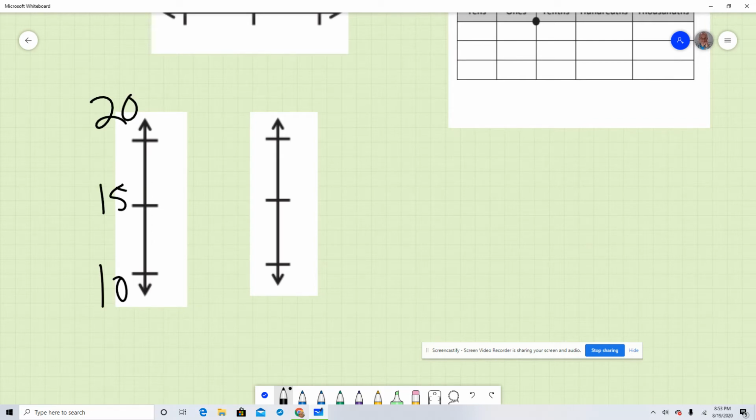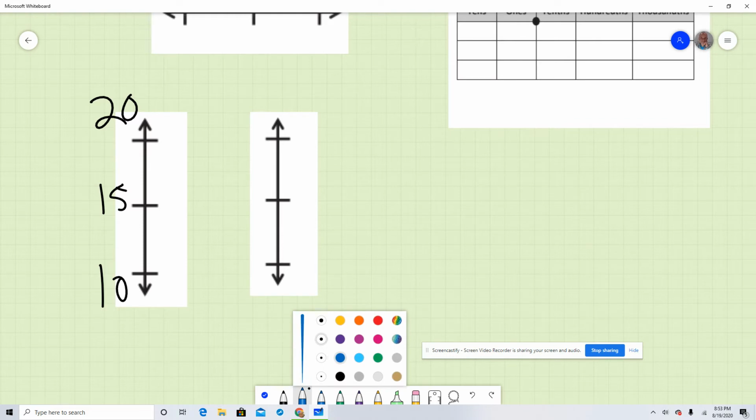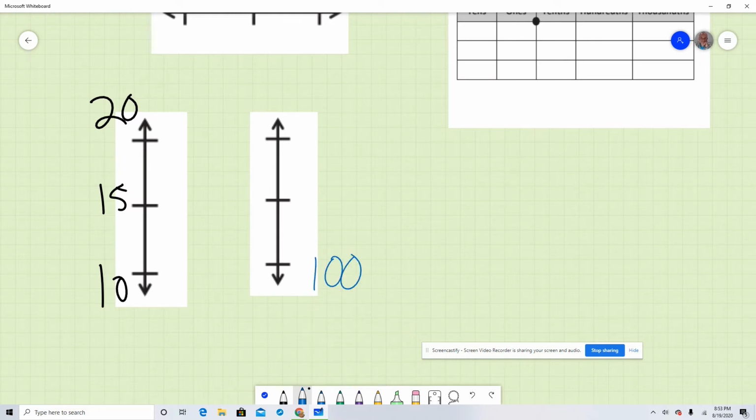And what will be the midpoint between 100 and 200? Well, you know that the midpoint will be 150. So those are easy. When we get into decimals, it's a little more challenging.